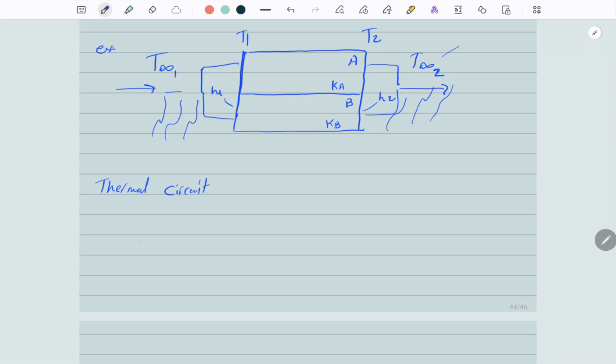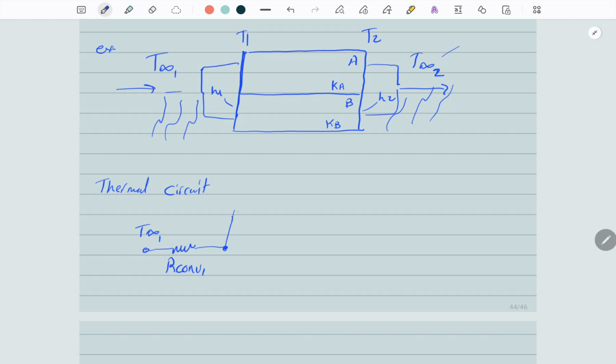So, we'll start with T infinity 1. When heat transfers, it goes through a convection resistance, R convection 1, before it reaches T1. When it reaches T1, the heat is split into two.